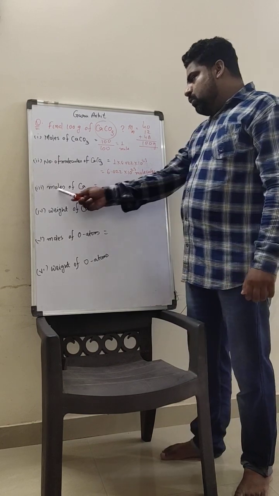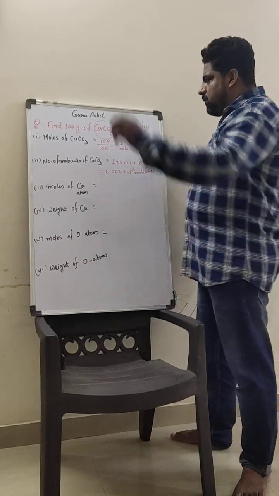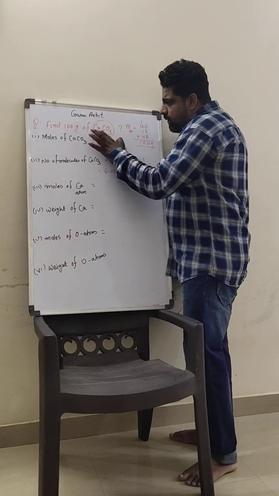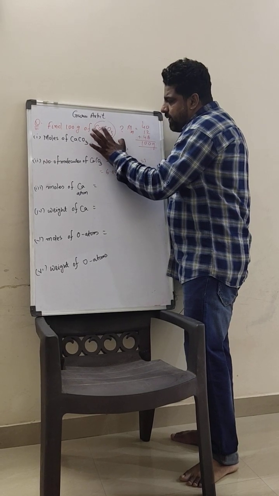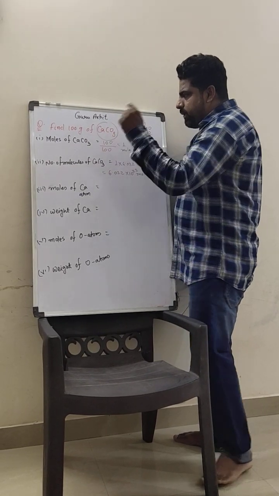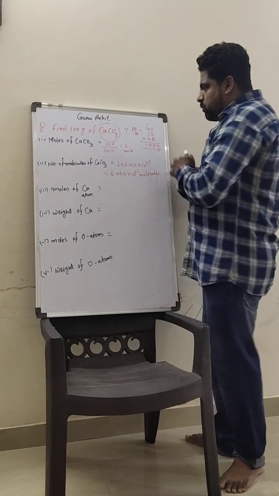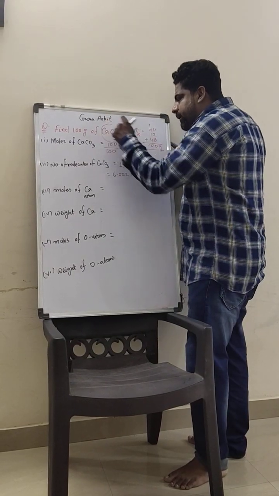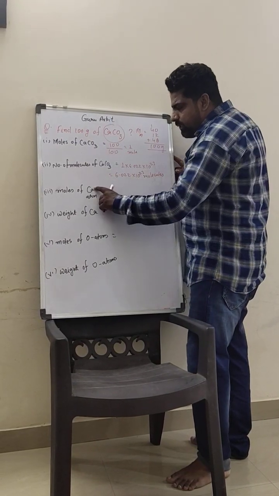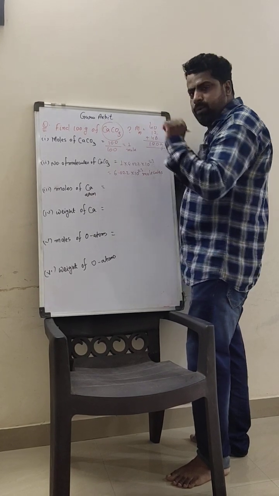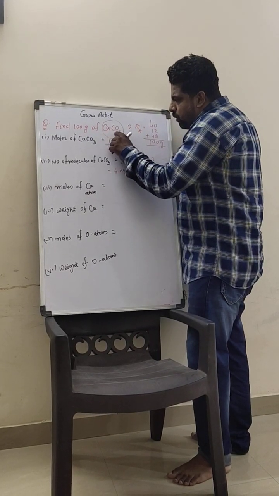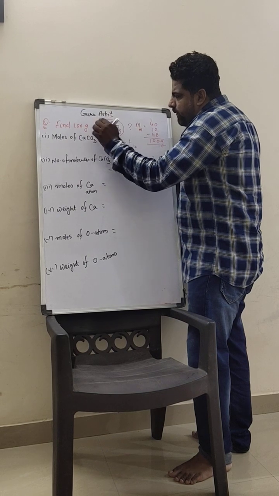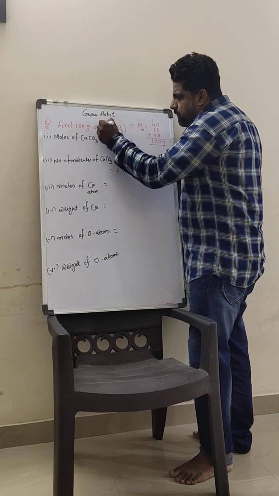Now, moles of the calcium atom. You can see the calcium atom is present in number 1, so the mole is also 1. If calcium carbonate consists of 1 mole, calcium also consists of 1 mole, because the stoichiometric coefficient, or the number of atoms present in calcium carbonate, is 1.